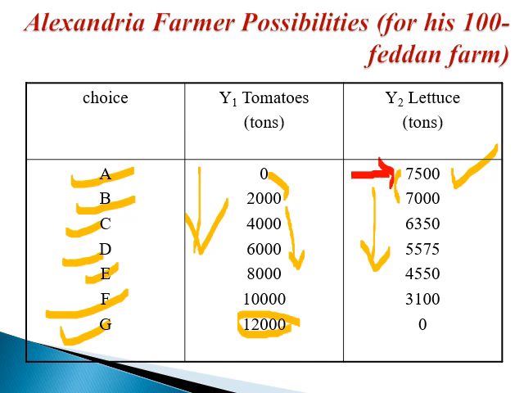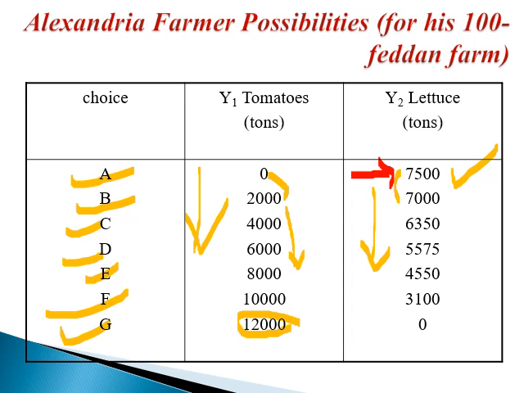In this part right here, I devoted all the inputs and resources to the production of lettuce, and as a result, I produced 0 tomatoes. In point G, it shows the combinations of output that I can produce if I devote all the inputs or the resources to tomatoes. In that case, I can produce 12,000 tomatoes and 0 lettuce.